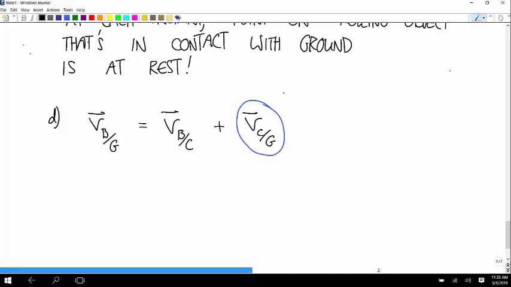This is what we calculated before. And this one, again, we're going to do using circular motion.